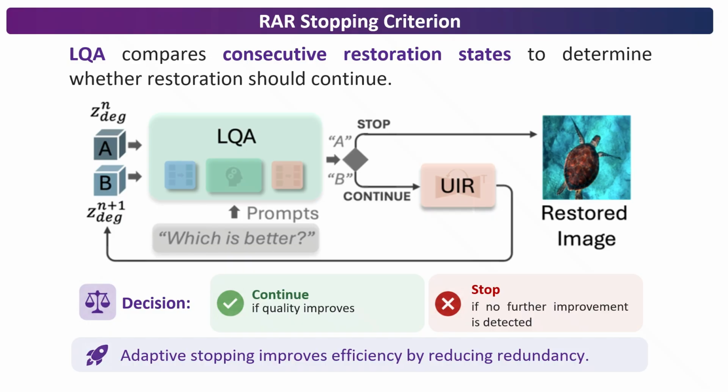Specifically, after every T steps through our model, we use the LQA to compare the quality of the images before and after restoration, or before and after a specific step. As illustrated here, in this case, the LQA takes previous and new latents as input, and it is tasked to compare the quality and yield a binary decision to either continue if the quality of the new latent is better than the previous, or stop otherwise.